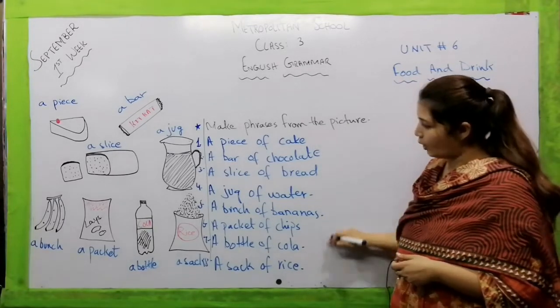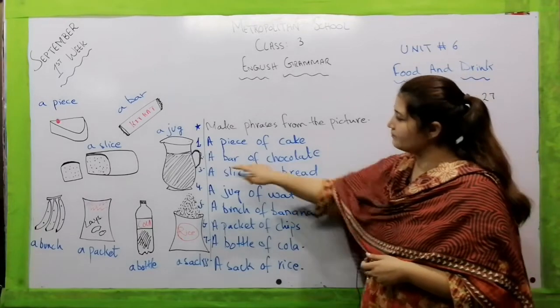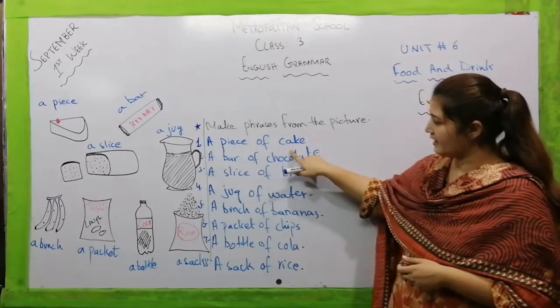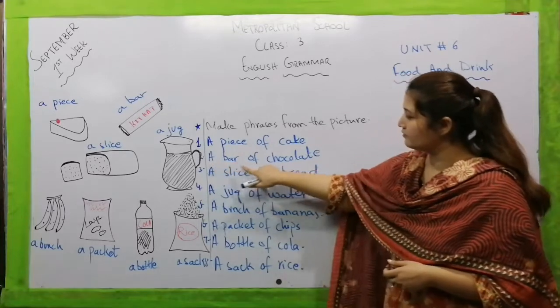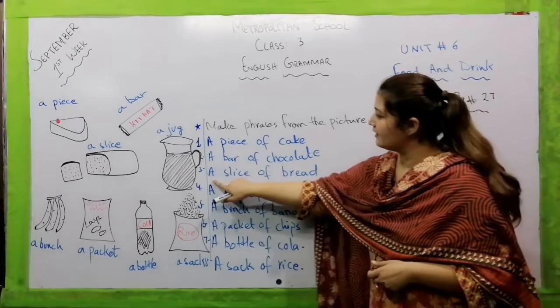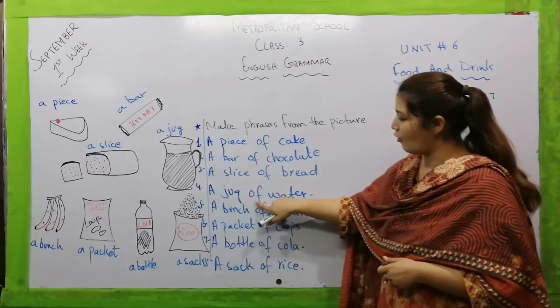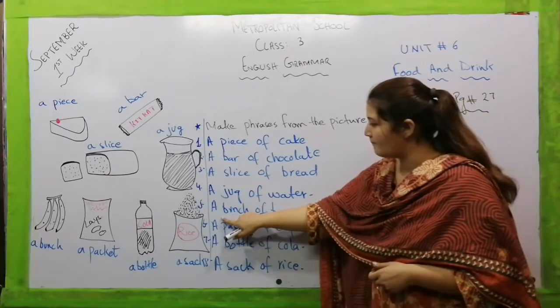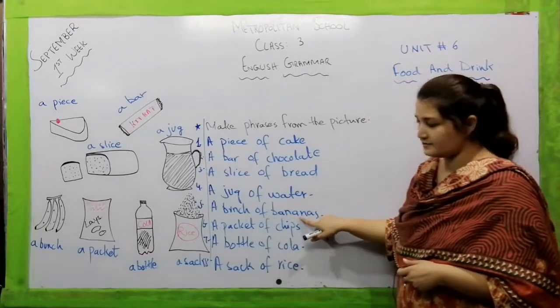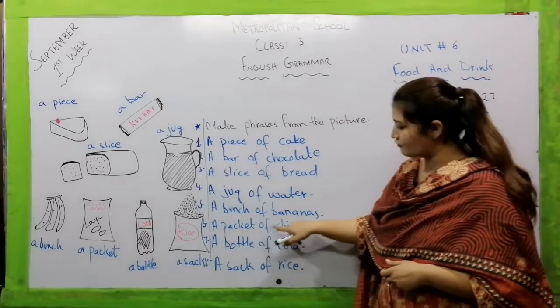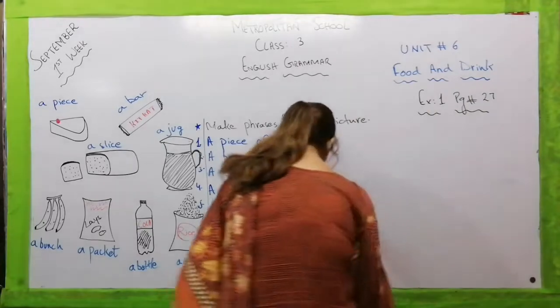Now let's repeat all these phrases with me once again. A piece of cake, a bar of chocolate, a slice of bread, a jug of water, a bunch of bananas, a packet of chips or crisp, whatever you like.